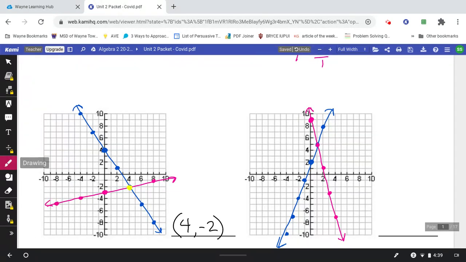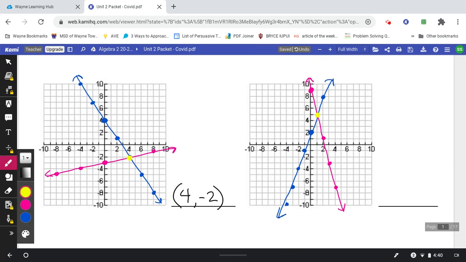Once again, you'll notice that you have a point where each of the two lines crosses or intersects. That becomes your solution point. That's the place that makes both of the equations true at the same time. See if you can name that yellow dot.